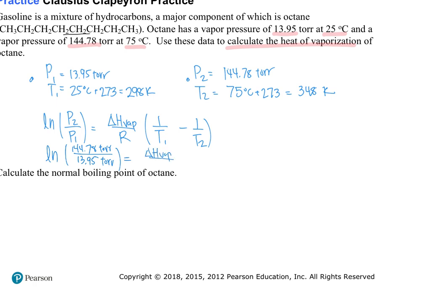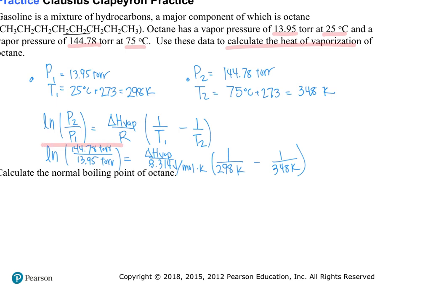We're going to use the energy R, which is 8.314 joules per mole Kelvin, and we know to use the energy R because we have an enthalpy term, which is energy. We'll do 1 over T1, which is 298 Kelvin, minus 1 over T2, which is 348 Kelvin.